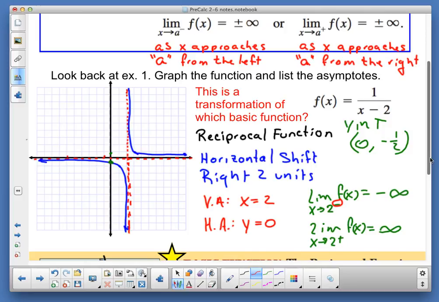It's going to have a difference here, for x minus 2, of -0.0000000001. Well, that divides into 1, and that's infinite. It's a really big number. The closer I get, the bigger that number will be. But because it's negative, that's why it's diving down.